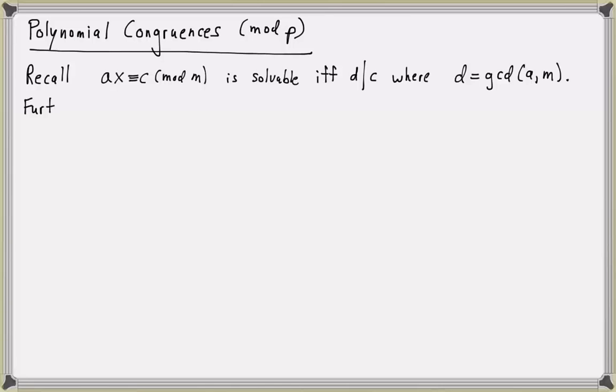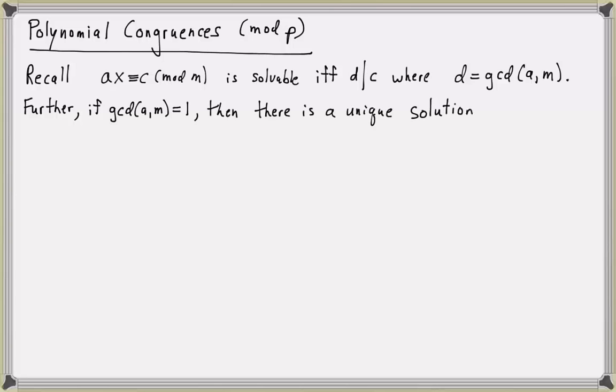So further, if a and m are relatively prime, so if the greatest common divisor of a and m is 1, then there's a unique solution, and the unique solution is the inverse of a times c mod m.